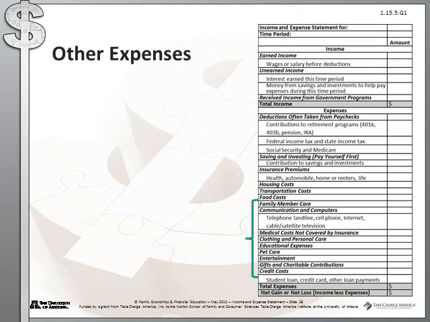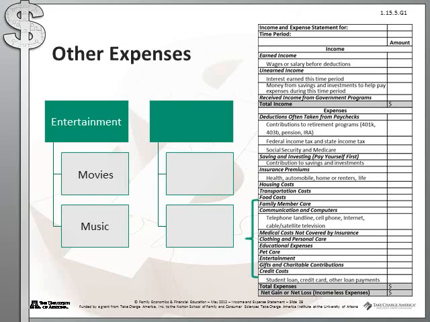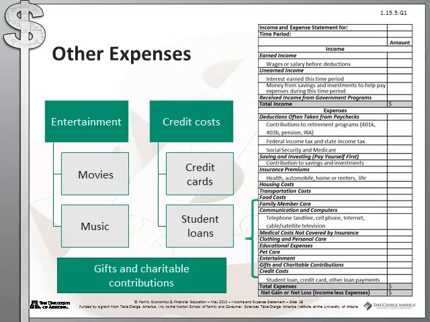Don't forget to include things that you do for fun, as well as any debt payments, like credit cards or other loans. Also, if you give gifts or charitable donations, make sure you count those too.